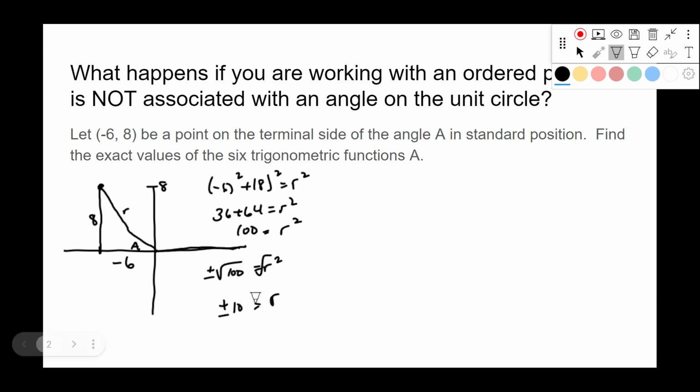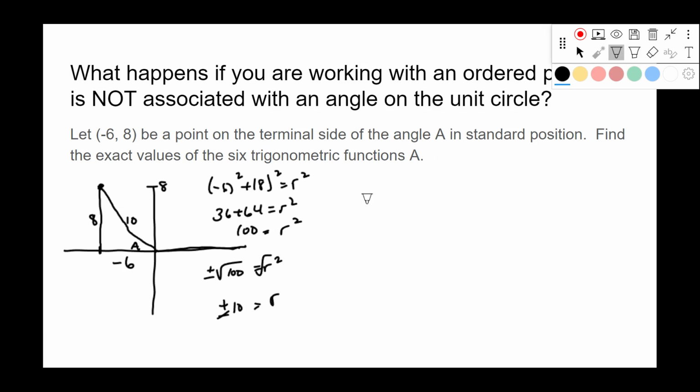Now, here's the deal. Since this is going to be the radius, it has to be positive. The radius cannot be negative, but the x and y values could be negative. So I'm going to call that 10. Now I have a triangle with an angle.